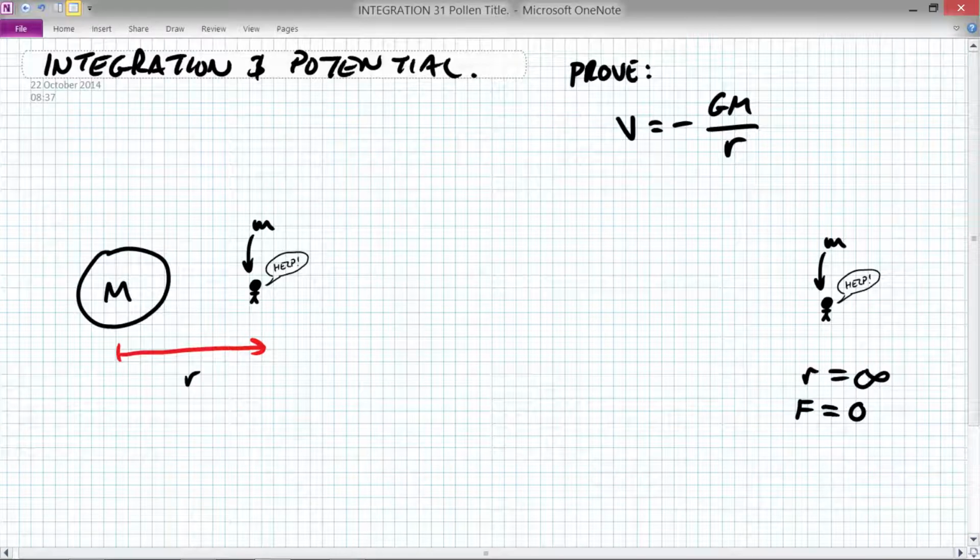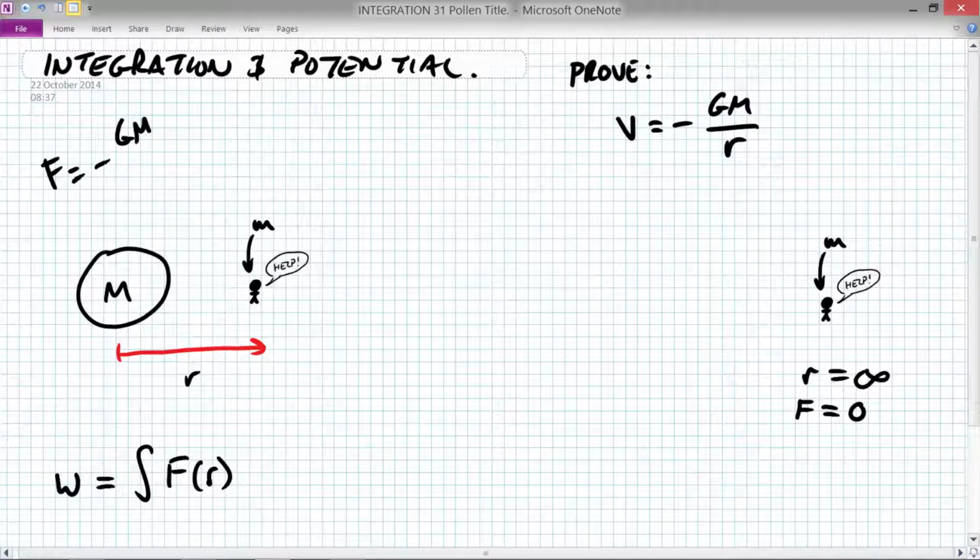It's cheating. So instead of that, we say that the work done on him is actually equal to the integral of the force, which is a function of r. Yeah, we know that because of Newton's universal law of gravitation. It's a function of r. Everything else in this equation is going to be constant. I'm not changing the mass of him or the planet. G is obviously a constant as well.